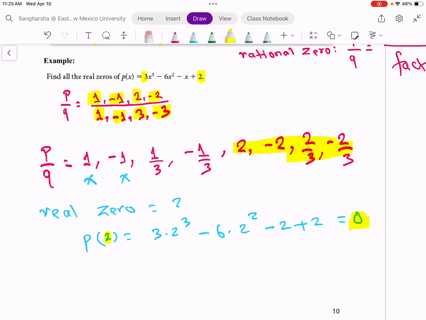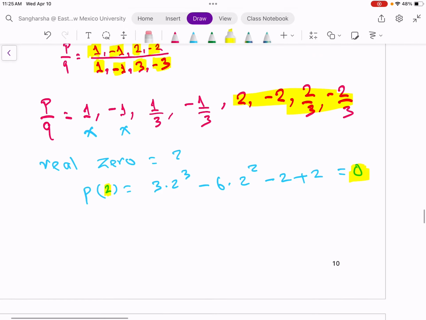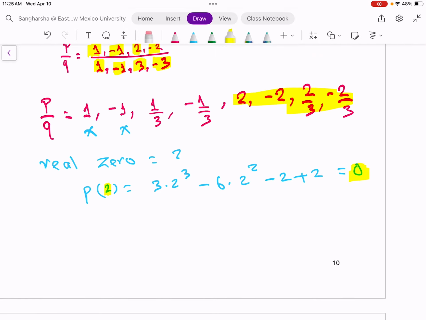This 2 is the x-intercept. Okay, if 2 is the real zero, what is one factor for this polynomial function p of x? What will be the factor? It's x minus that real zero. Okay, x minus 2 is one factor. So x minus 2 is a factor.